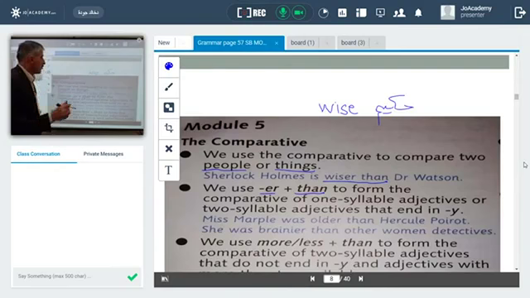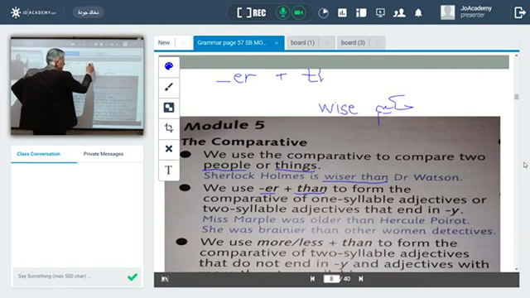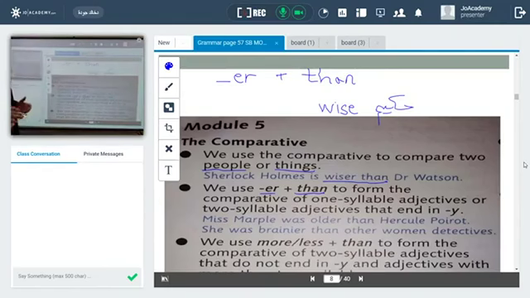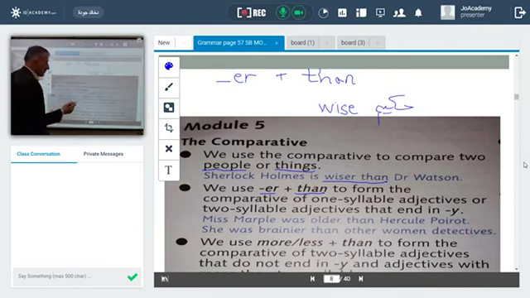So we need to add ER, okay, plus what? Plus than. Than means من, أكبر من, أصغر من. The comparative of one syllable. Okay, if it is a one syllable adjective.